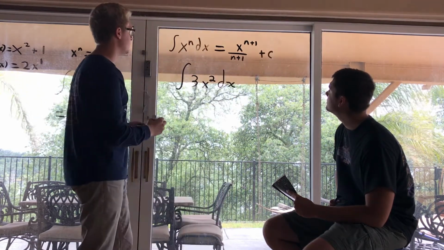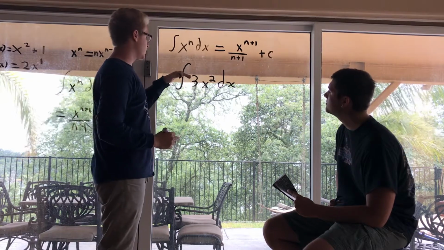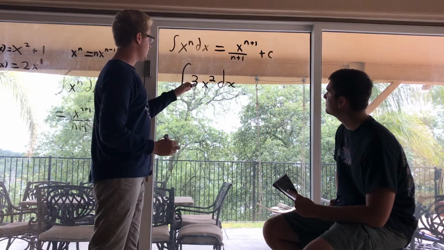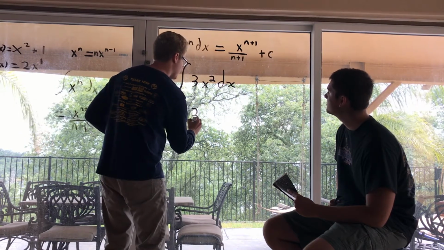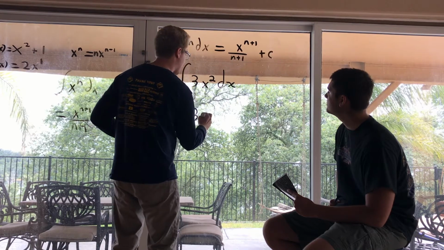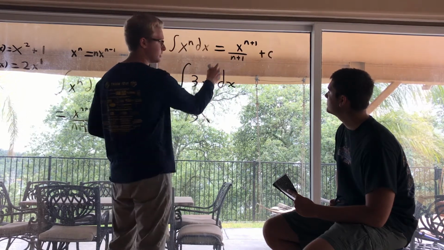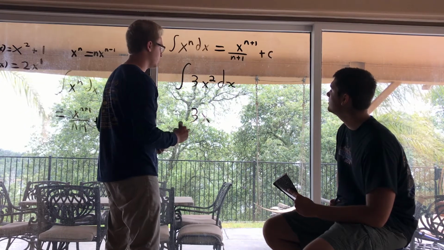Okay, so now we can see our formula and we see our problem. Let's give it a shot. So from here, we're going to keep the 3 the same. We're going to put our x in. And now what's our new power going to be, applying this formula to it? It's going to be x to the 3. X to the third, yep.